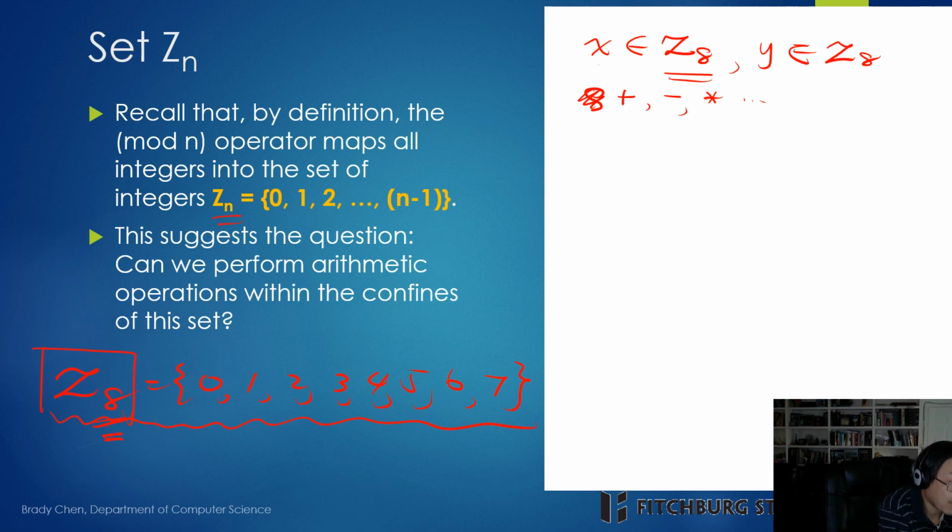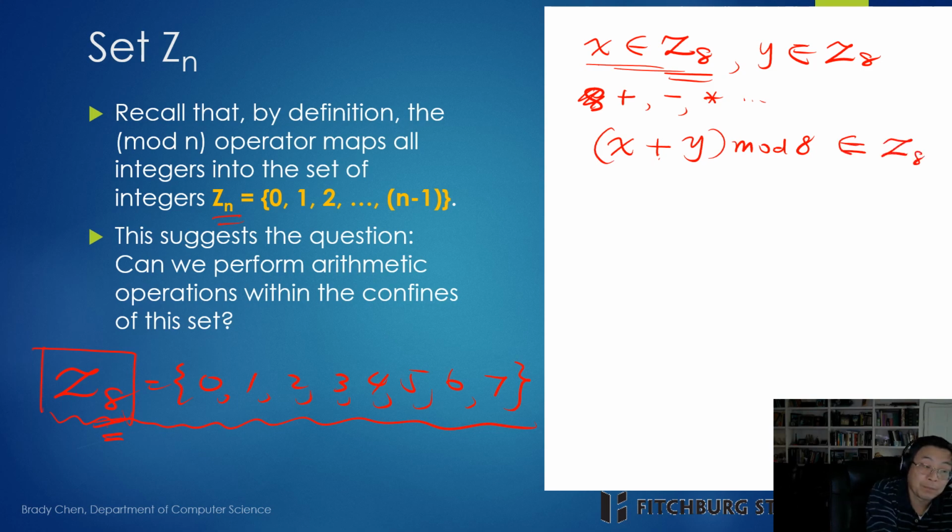That means if x belongs to Z8 and y belongs to Z8, can we define x plus y modulo 8, so we can make sure that the result is still in Z8, right? So we can define modulo 8 plus, modulo 8 minus, modulo 8 multiplication, so that the result is still within Z8.